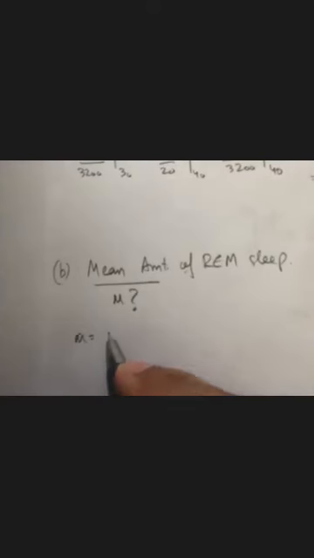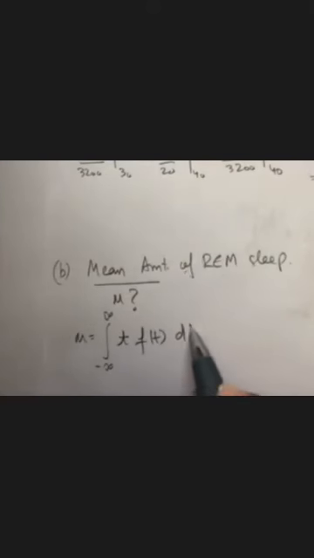So mean means we have to find what is mu. And the formula here is for mu. So I'm using the general bounds, but we will switch to the bounds of the problem. T, so this is a new thing here, times your given density function.